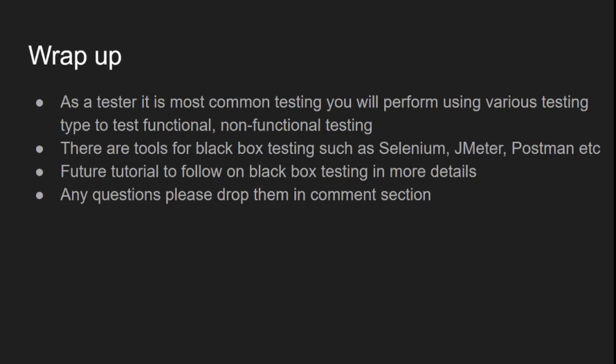For black box testing, you could also use automation tools such as Selenium, which is for web testing, again functional testing. Also JMeter for non-functional testing, for performance load, and then you have Postman, which is for the API testing, which can also be automated using command line, Newman command line.